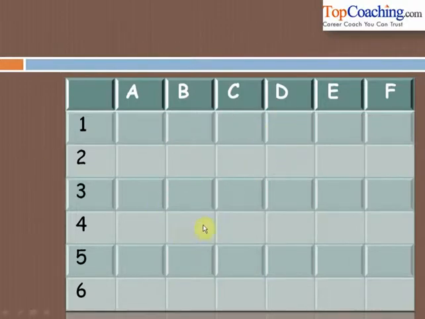Now you can clearly see that there are 36 blocks in this rectangular box, and you are going to observe a cat in any one of these blocks. So the face of the cat can appear in this block or in this block or in this block and so on. You have to exactly locate that block and you have to hit that cat with a racket. Now isn't it funny? So let's try to play this.